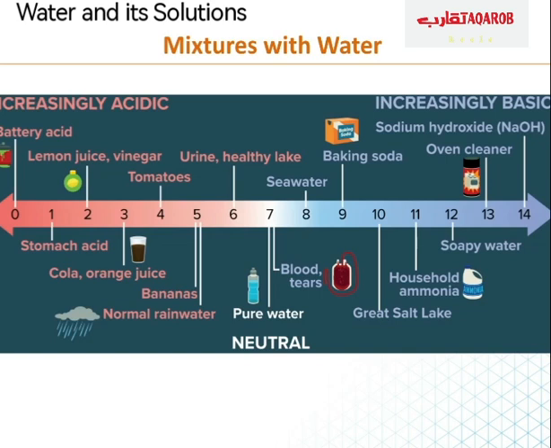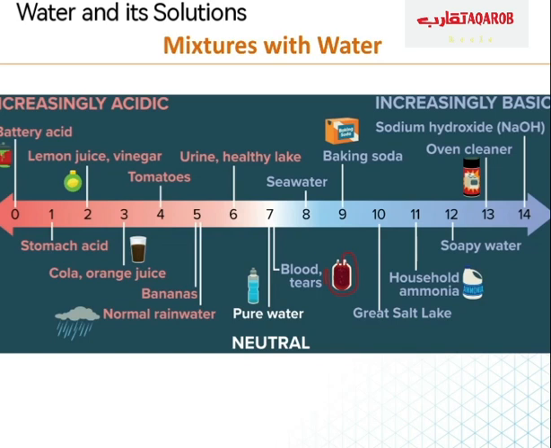Tomato is 4, 5 like bananas, normal rainwater, 6 like a healthy lake or urine, 7 like pure water, blood also around 7.2, 8 like seawater, baking soda, the soda that we use in the house for baking cakes, is 9, 10 Great Salt Lake, 11 household ammonia, the one that we use as a bleach, 12 like soapy water, 13 like oven cleaner, and 14 like sodium hydroxide, NaOH.